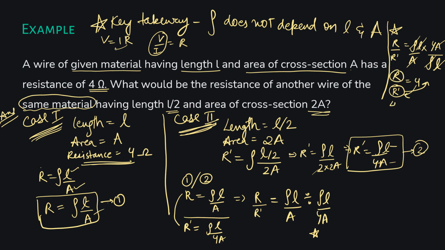So 4, I'm putting the value of this original R which was given in the question as 4 ohm. 4 is equal to 4 R dash. Therefore, R dash is equal to 4 divided by 4, which is 1 ohm. Okay, so here we found out that it is 1 ohm.